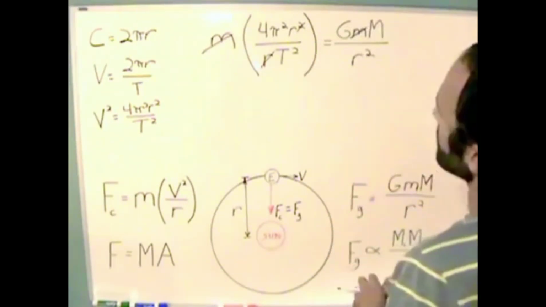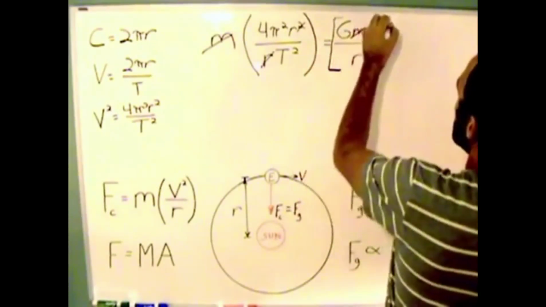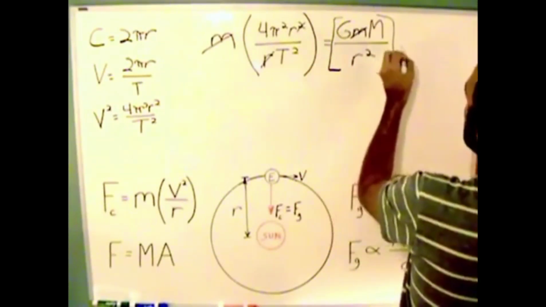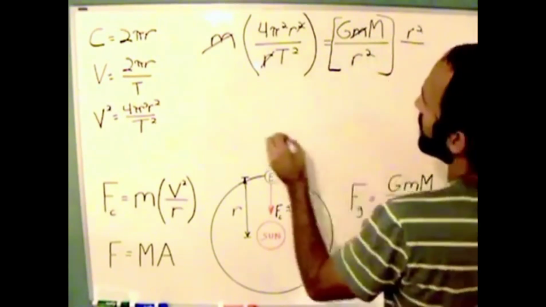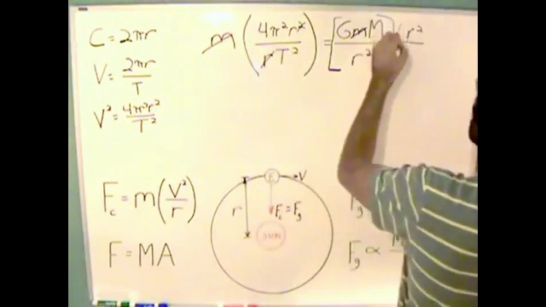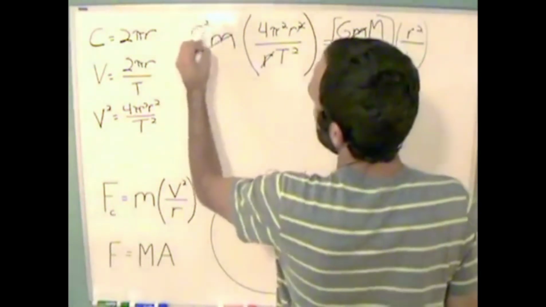So to get r by itself, we multiply this side times r squared, let's do r squared over 1, and this side times r squared over 1.